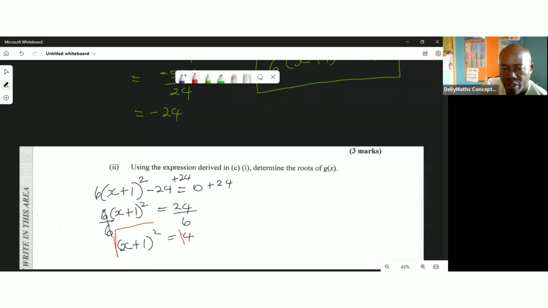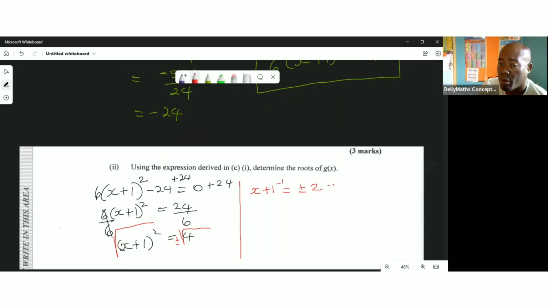The moment I take the square root of the right side, I'm going to have to put a plus and a minus. Let me just put everything up here. So basically now we're left with x + 1, because the square and the square root have canceled, now equal to plus or minus 2. So the root of 4, 2 there. So finally, I'm going to subtract 1 from both sides.